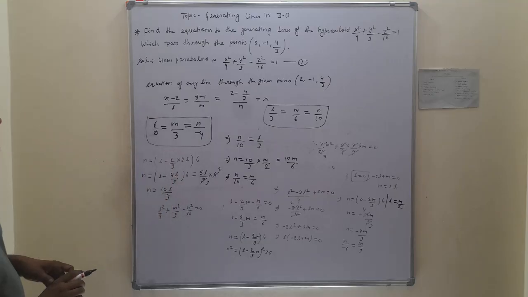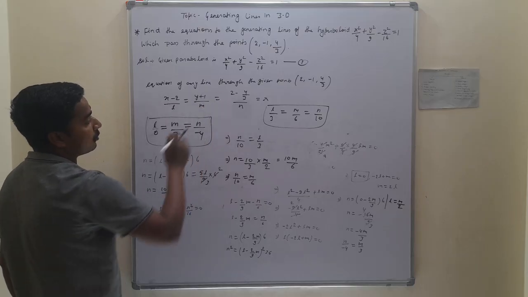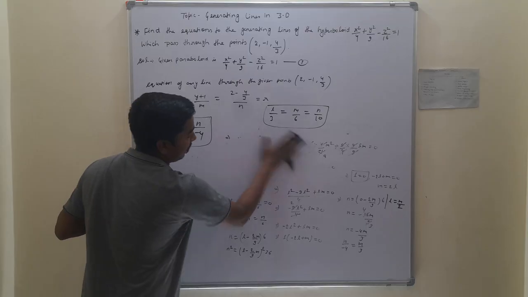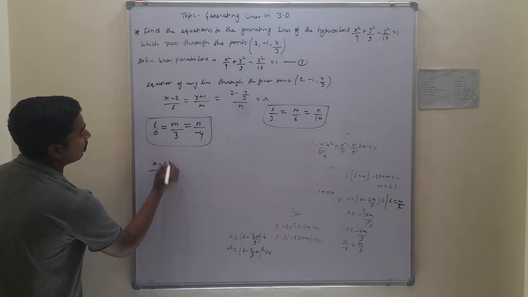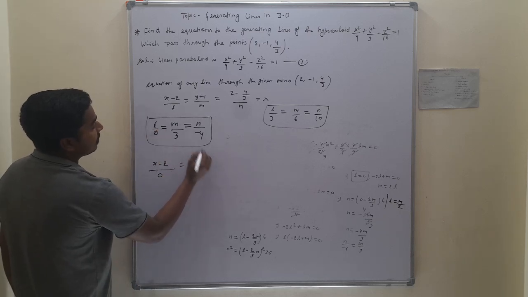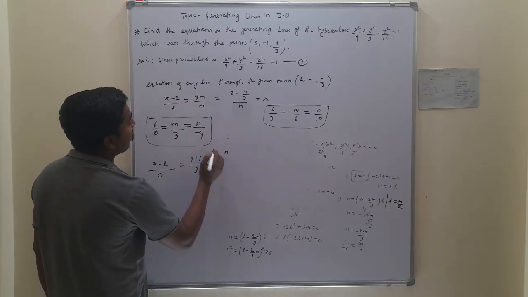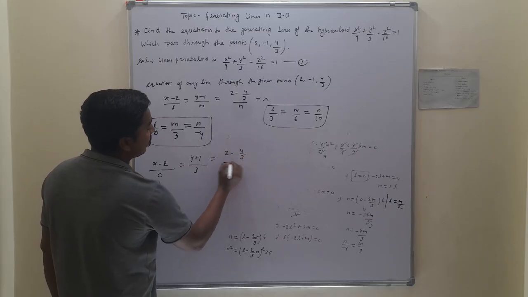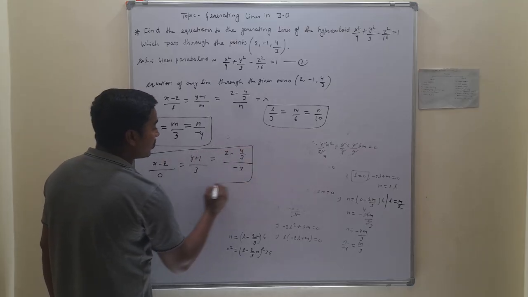Using the equation of a line through the given point, this is given by x minus 2 upon 0 is equal to y plus 1 upon 3 is equal to z minus 4 by 3 upon minus 4. This is the first equation of the generating line.